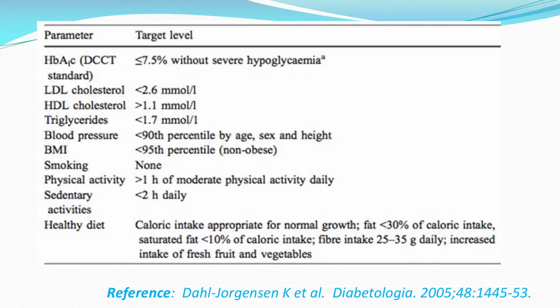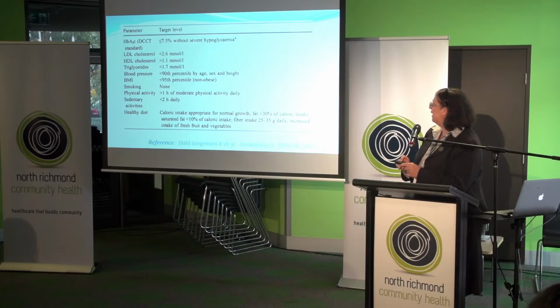So they need to have a HbA1c just a little bit above normal, a favourable lipid profile, be normotensive, not obese, not smoking, physically active, with sedentary behaviour of less than 2 hours in a day, and a healthy diet. These themes are coming up again and again and again.